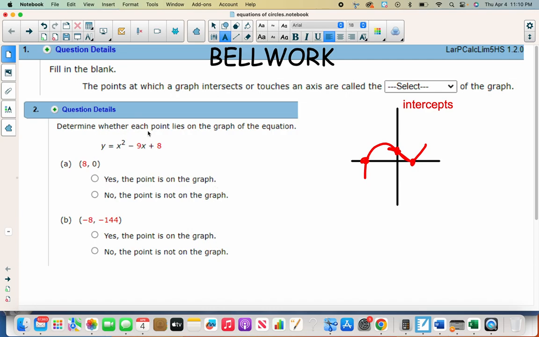Okay, so the second one says determine whether each point lies on the graph of the equation. What that means is we want to determine if this is a solution for this equation, right? The first number, 8, represents x. And the second number represents y. Okay?